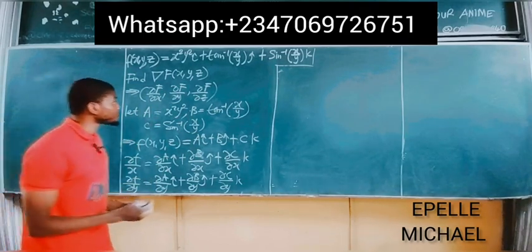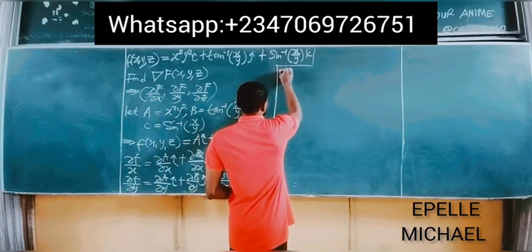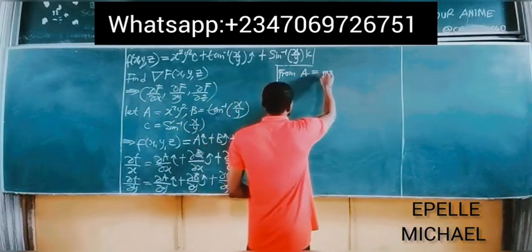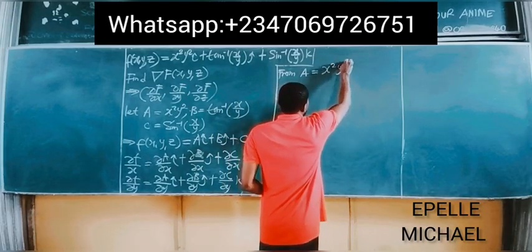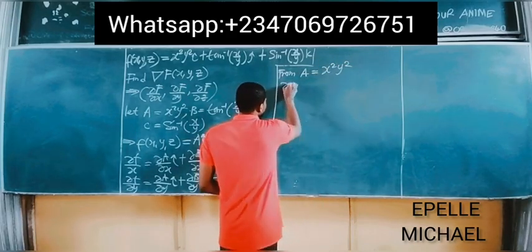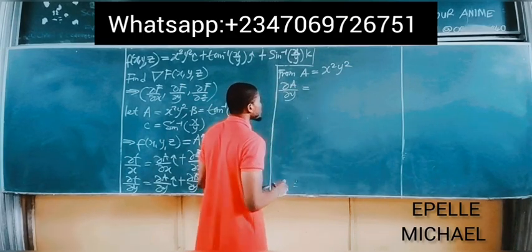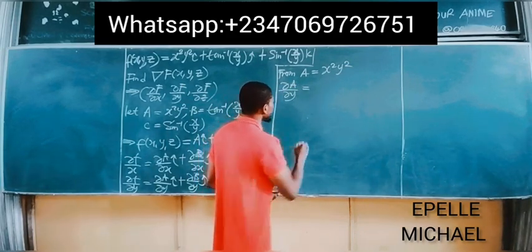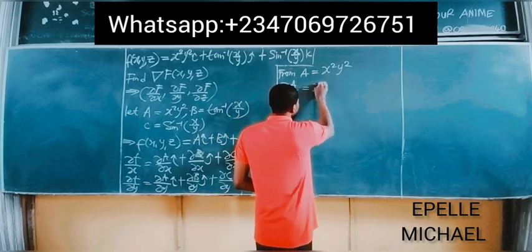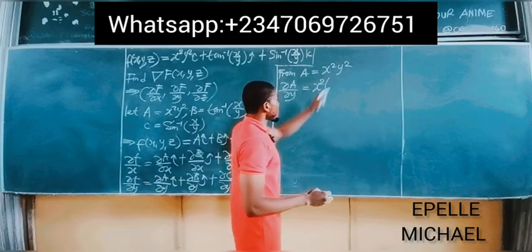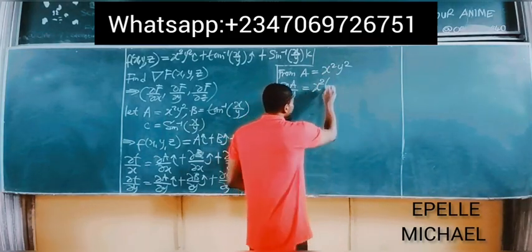So let's start from a. From a equals x squared y squared. I want to simply differentiate now a with respect to only y, which means I'm going to treat x squared as a constant, and that simply becomes x squared kept as a constant. I'm now going to differentiate only y. Y is raised to the power of 2, so use the power to multiply y.